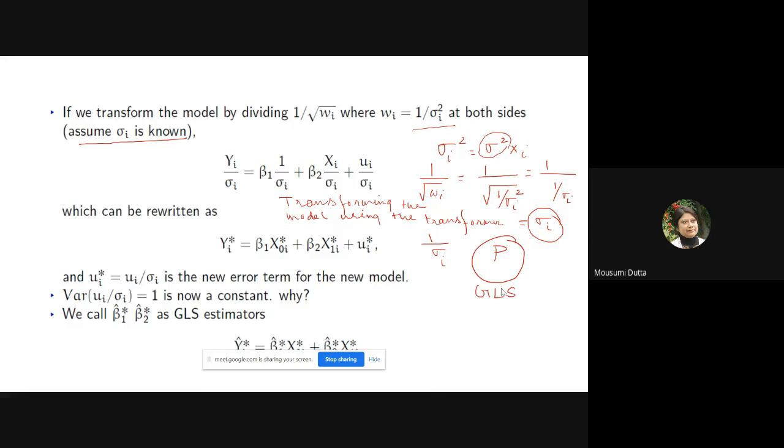So let me know if anyone has any doubt regarding the transformed equation. This 1 by root over wi, this is the transformer. Or alternatively, you can say sigma i is the transformer. Anyone, any question?